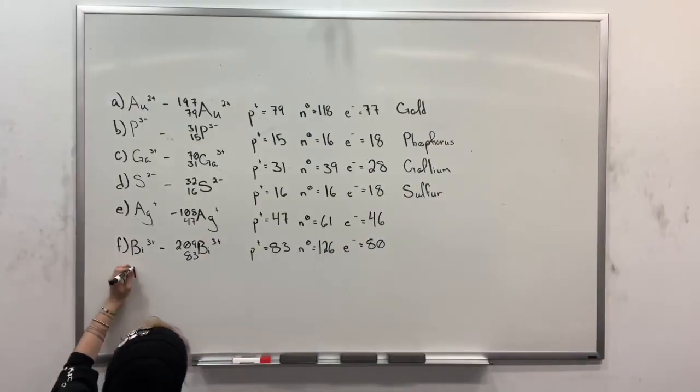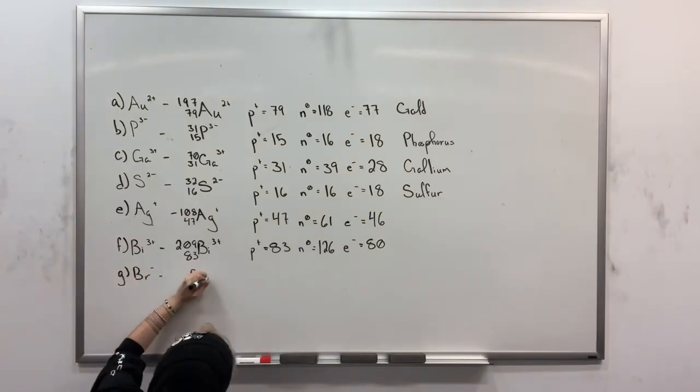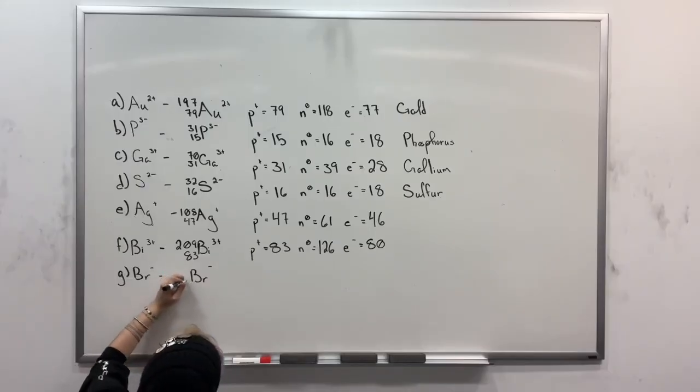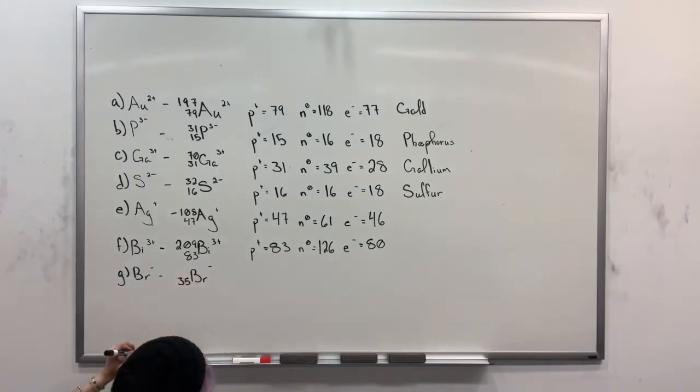Now G is Br, there we go. So Br minus. Bromine is number 35 on our periodic table, and it has a mass of roughly 80.